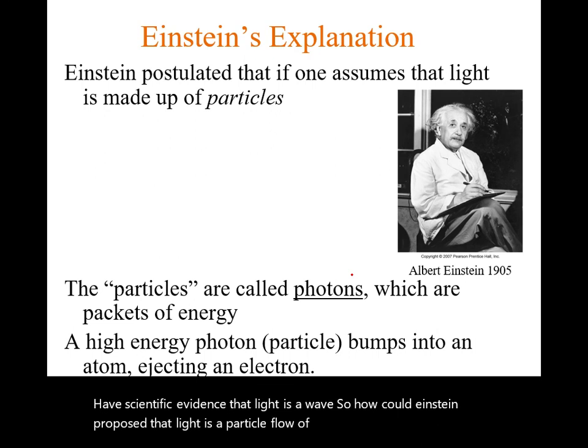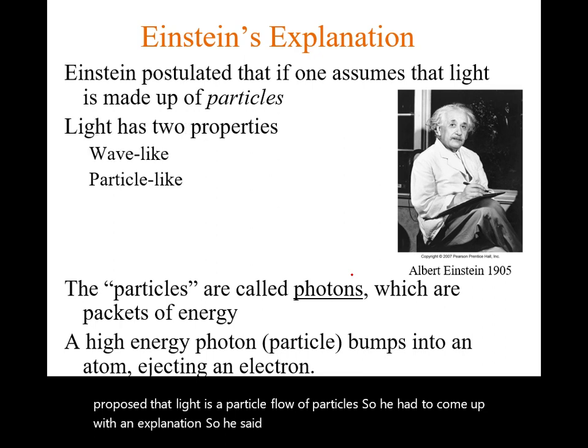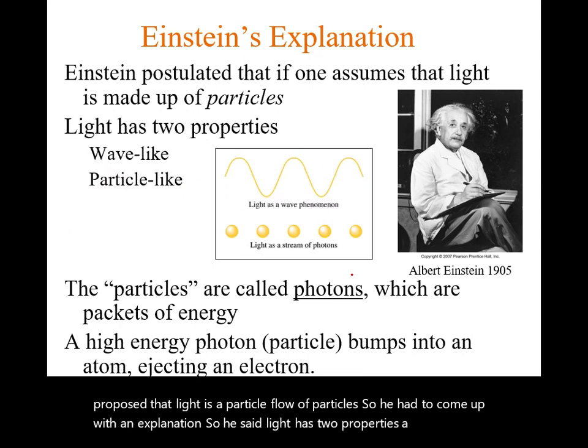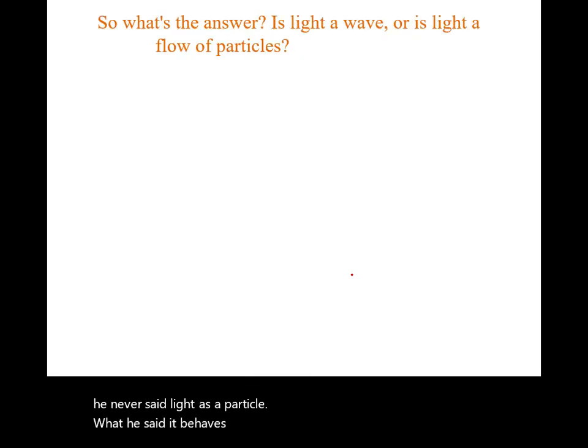So he had to come up with an explanation. So he said light has two properties, a wave-like property and a particle-like property. He never said light is a wave, and he never said light is a particle. What he said is that it behaves, it has those properties. So actually, light is neither.